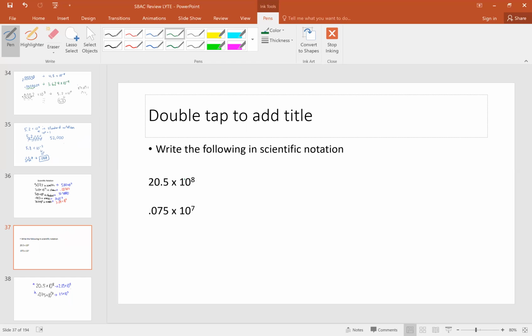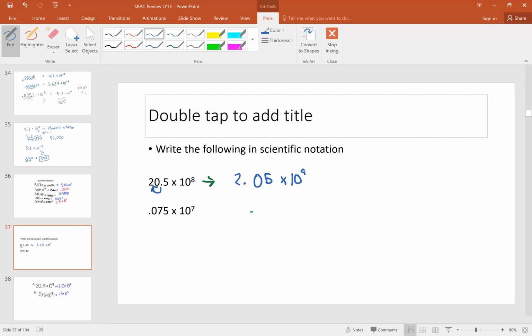So how I would do that is I would make sure I get a number between 1 and 10. To get a number between 1 and 10, I move the decimal to the left. So that would be 2.05, and I'd be at times 10 to the power of, well, I moved it one place. Anytime I go to the left, that increases the value, so that's going to be 10 to the power of 9.